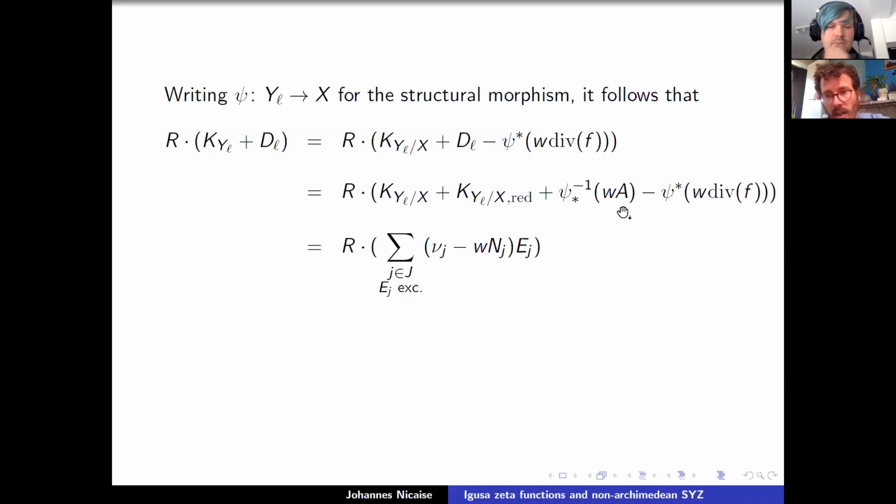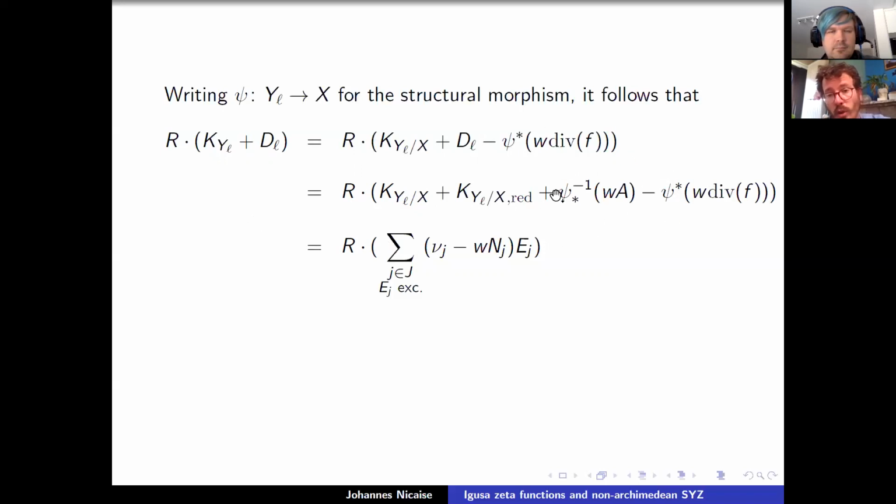And then in the pullback of this divisor, we get W times N_i, the multiplicity. Again, we can ignore all the components that live in the strict transform of B. But in this entire product, we can also ignore all the exceptional components different from the E_J, because they will pair to 0 with R, once more by Ambro's result.